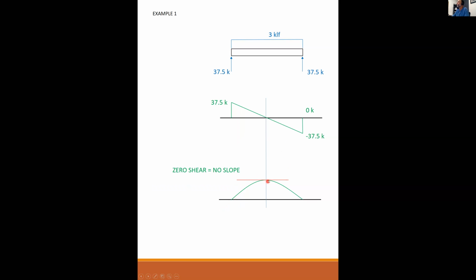The slope of the moment diagram at this point is equal to the magnitude of the shear diagram, which is 0. So at midspan, shear is equal to 0, so the slope has to be equal to 0. That's another confirmation that your maximum on the moment diagram is where the shear is equal to 0.